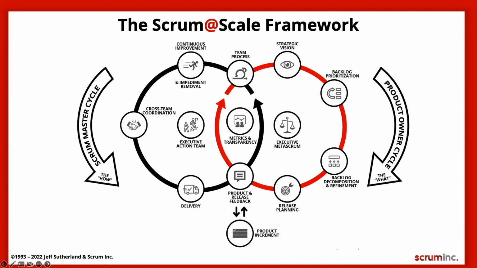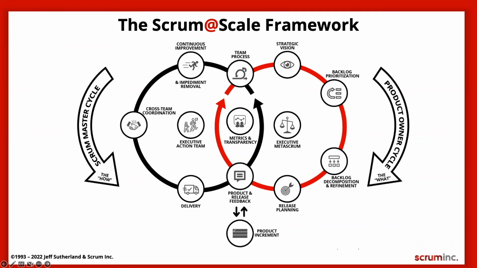It's not just what is the strategic vision, it's also things like, how do we communicate it? What metrics do we have that are telling us whether or not our strategic vision is actually taking us in the right direction? And you'll notice that strategic vision feeds into backlog prioritization, which means there has to be a question in there about how does our strategic vision influence how we prioritize what work there is to be done?